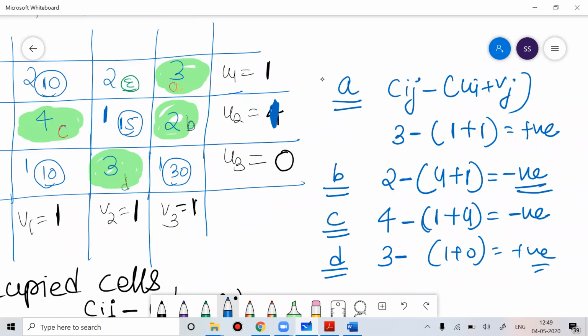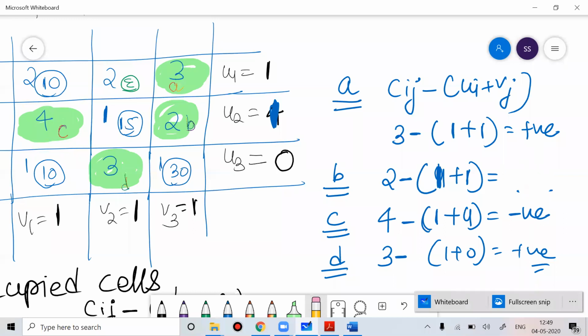B is 1 plus 1, so this is 0, and 0 is positive. C is again 1 plus 1, so again this is positive. And D is fine. So now you get everything positive.